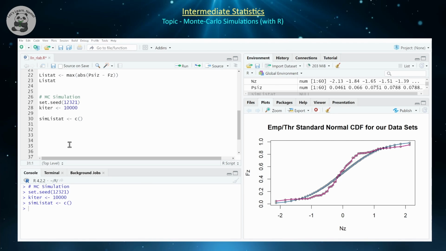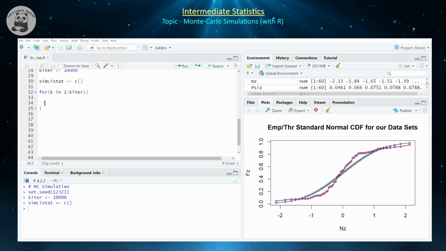So we're going to sample and sample and sample 10,000 times, so obviously a for loop is appropriate here. So we're going to sample in the range 1 to the number of iterations that we want to do, and open close brace for the body of our for loop.